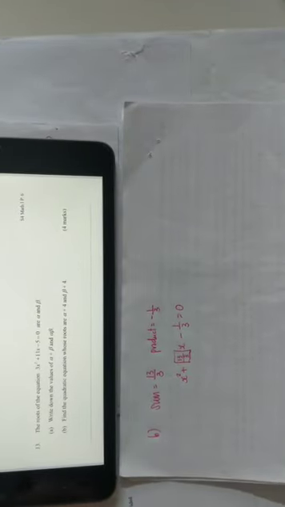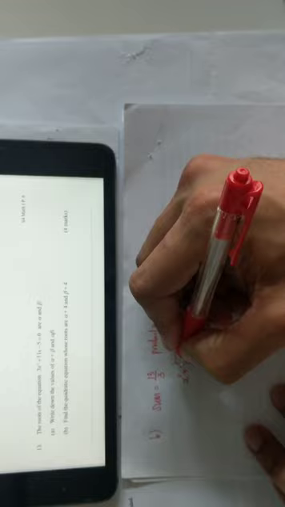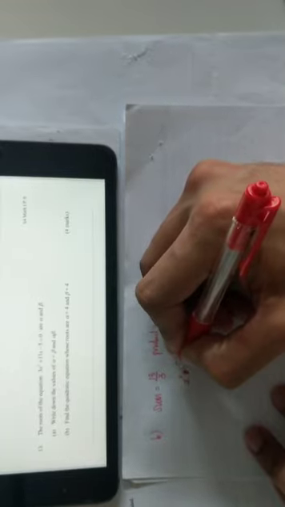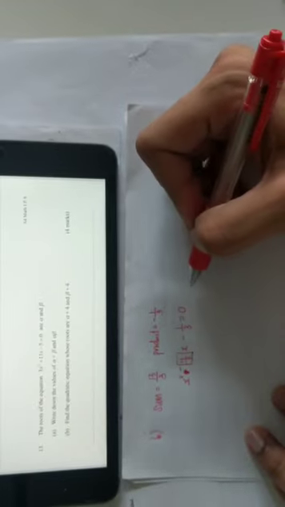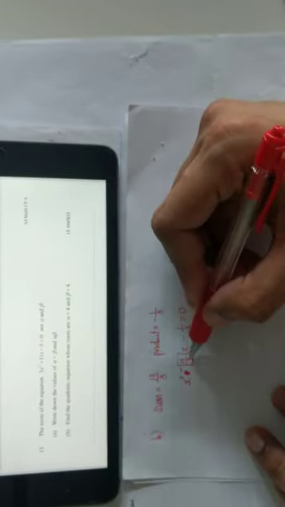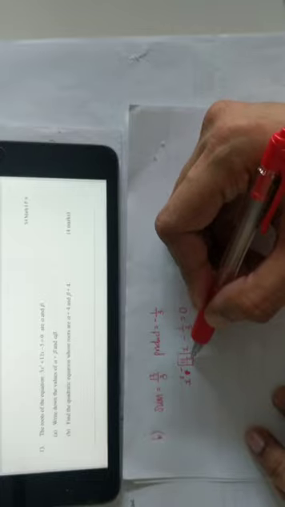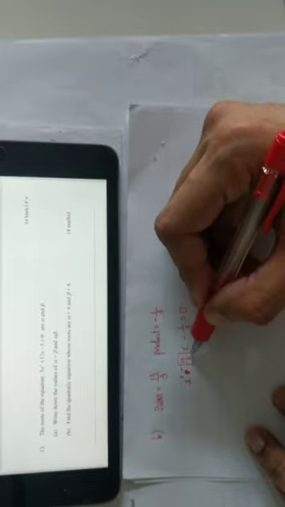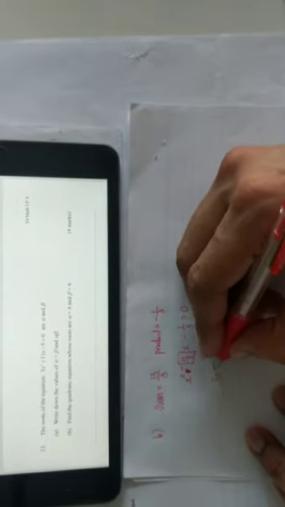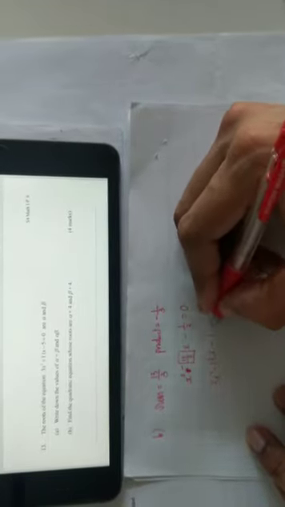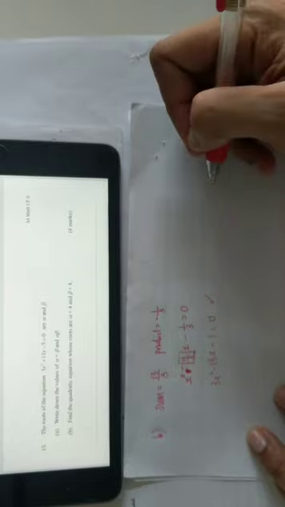But remember, for the sum, there should be a negative sign, so the plus will also become a minus. Now, this is not a complete answer because you can see there are denominators for both the b term and the c term. Since in this case they're both 3's, we can just multiply 3 throughout the whole equation, like so. And this will be my answer for part B.